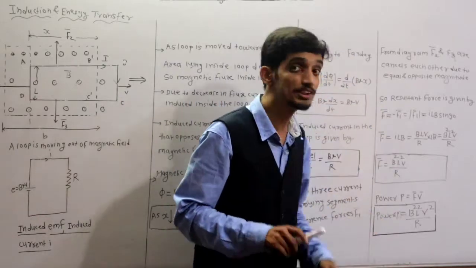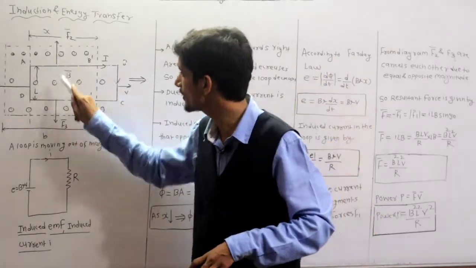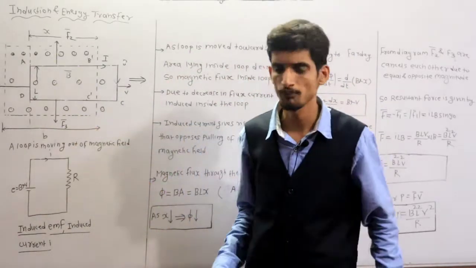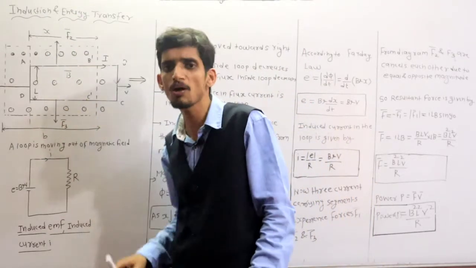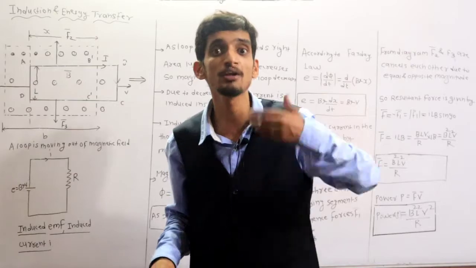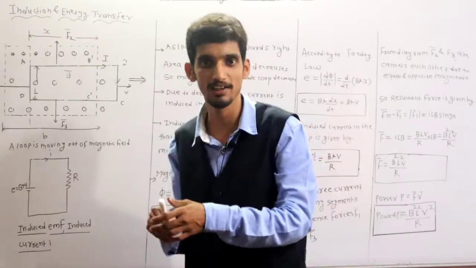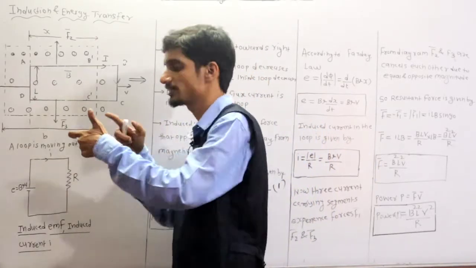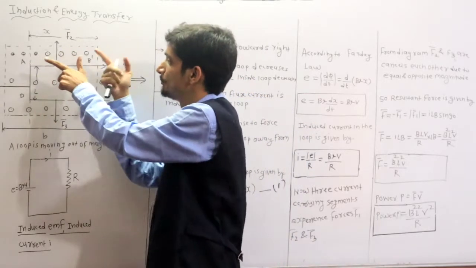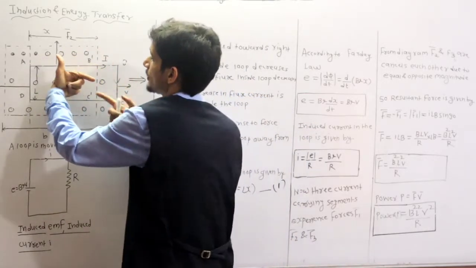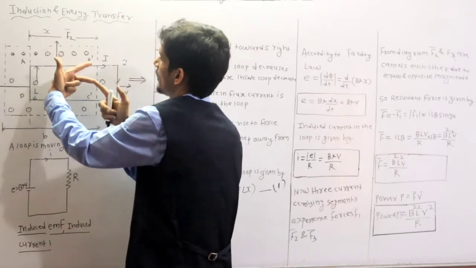Now listen here. From the diagram, these forces F2 and F3 are equal and opposite, because one segment experiences force upward and the other downward by Fleming's left hand rule, that is FBI: thumb indicates force, then field and current.